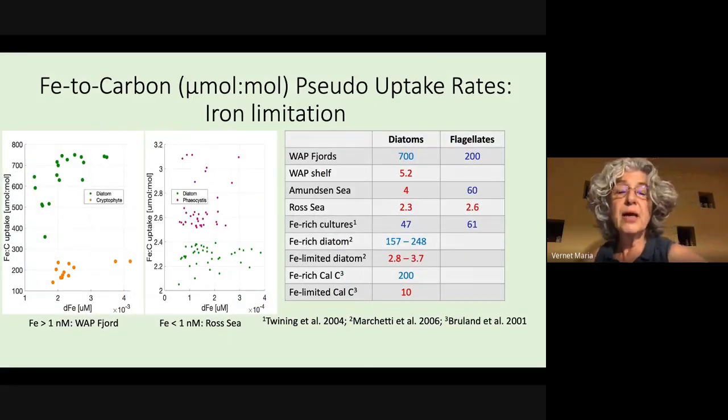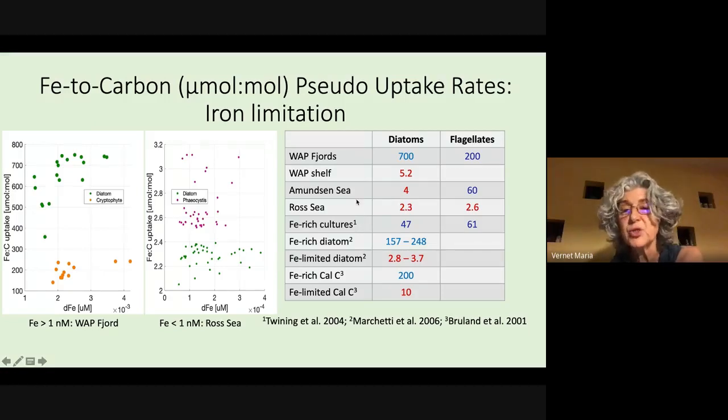If we compare these iron to carbon pseudo uptake rates with the literature, we see that in the fjords, for example, for diatoms is a high rate, as we saw here. But on the West Antarctica continental shelf, the Amundsen Sea and the Ross Sea, these diatom uptake rates are between 2 and 5.